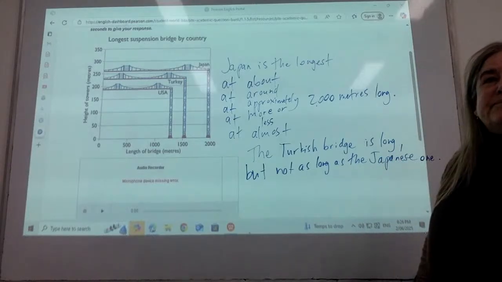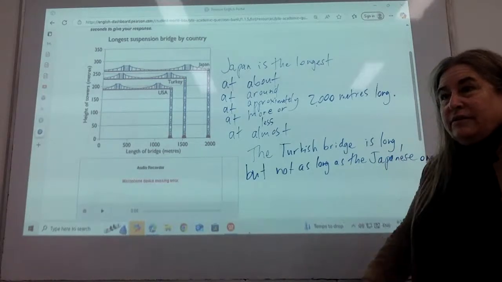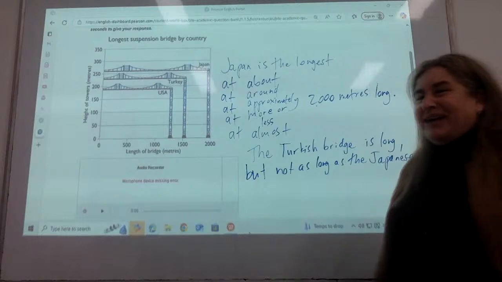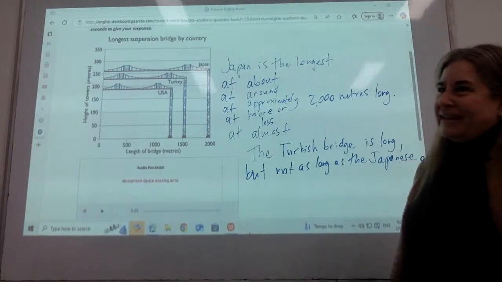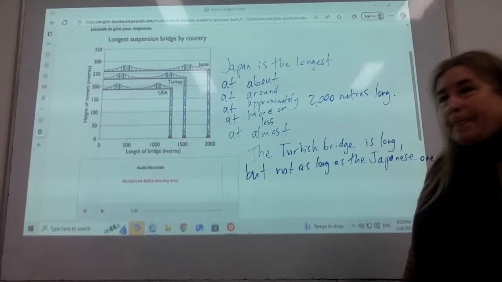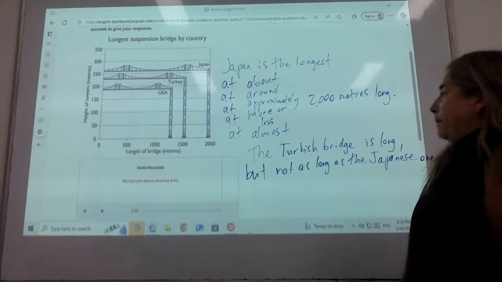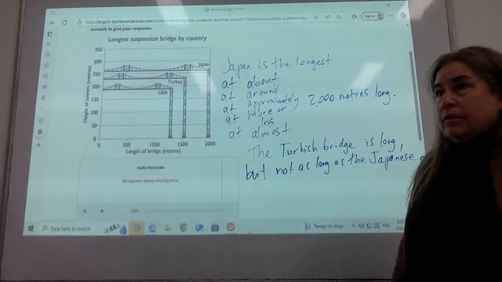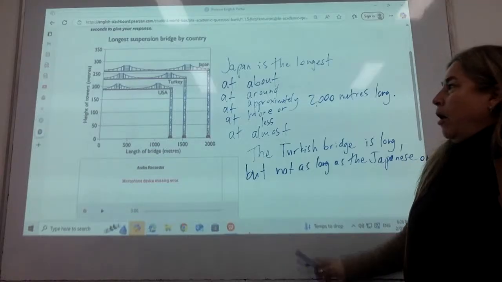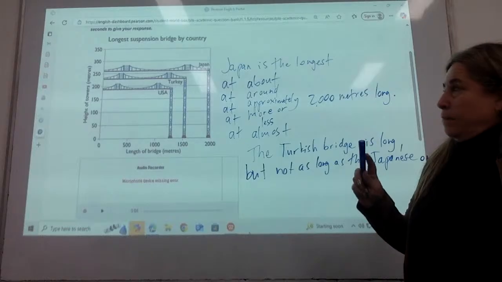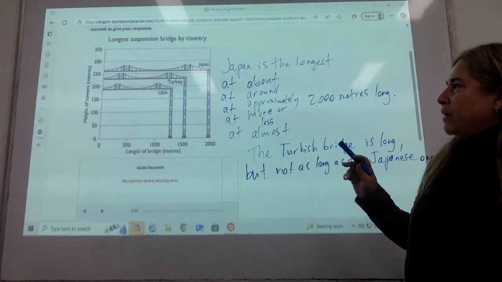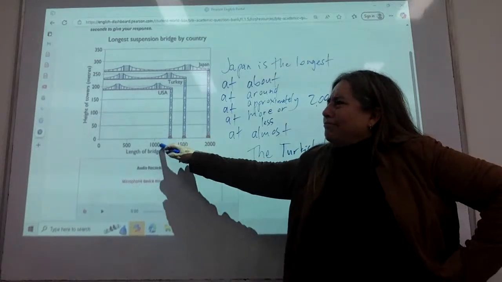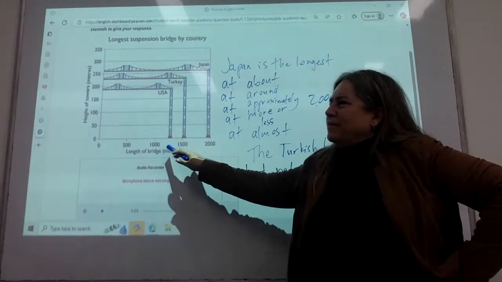What else do you have? Do you have something different, Suyen? What did you write? The Turkish bridge has 500 meters less than USA. Not has, is. So wait a minute, less, lesser. You sure?